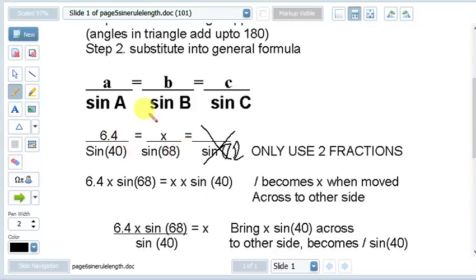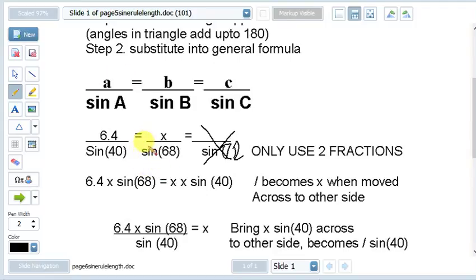Okay, so we've got our equation, and there are potentially four unknowns: little a, little b, capital A and capital B. What you're after is two fractions where you've got three knowns. So in this case the three knowns are 6.4, 40 and 68, and then you've got one unknown.